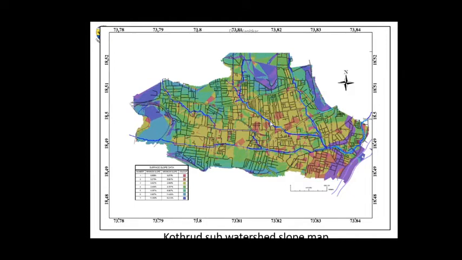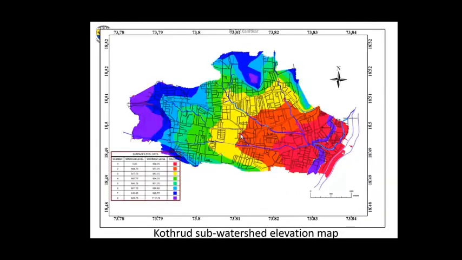In Civil 3D you can create your own slope map to analyze the terrain. You can see how the slopes are varying based on your terrain model which you have created. This is an elevation map showing different elevations and how the elevations are varying from a particular region to the river.